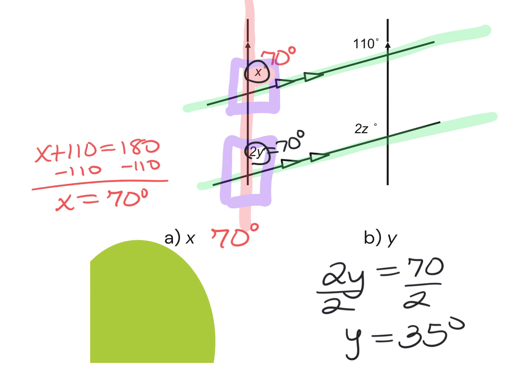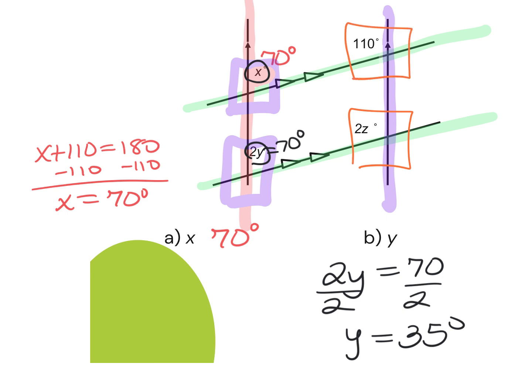Now we got to figure out 2z. And actually I could use those same two parallel green lines, but instead I'm going to bring in another transversal here. And let's do this one in purple. And again, I could box around it.